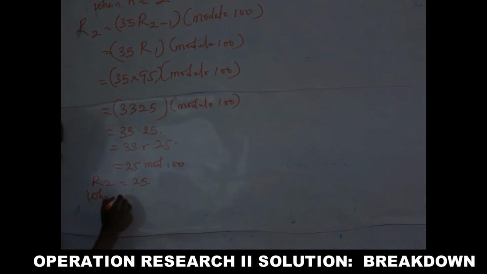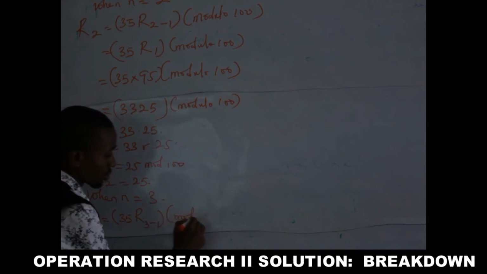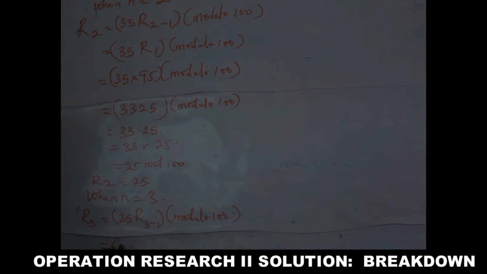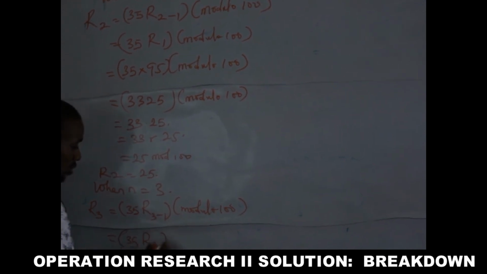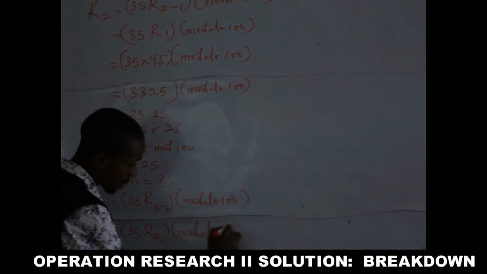When n is equal to 3, we have R3 equals 35 times R3 minus 1, modulo 100. So this is 35 times R2 modulo 100.